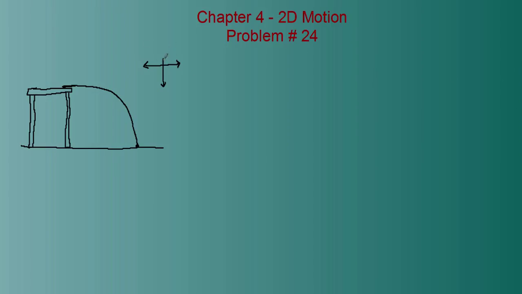Let's say that down and to the right is positive. Up and to the left is negative. By doing down positive, that just lets me make the acceleration due to gravity positive.